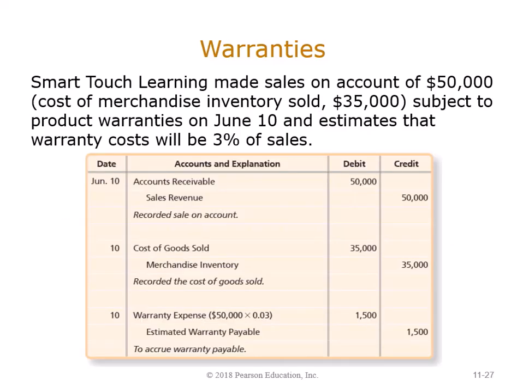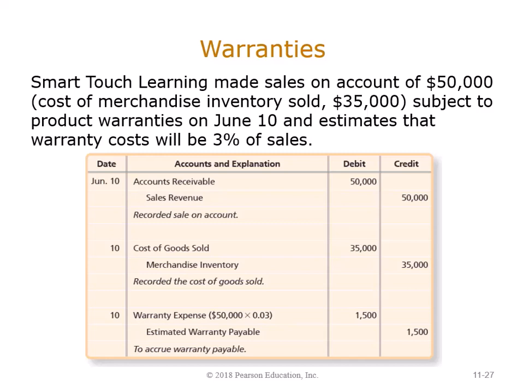And here is an example. So we're back on our Smart Touch Learning Company. They made some sales of $50,000. Cost of those goods was $35,000. They estimate warranty costs to be 3% of sales. And again, this is something that they would have to tell you in the problem. Most likely a company is going to make this estimate based on prior experience.